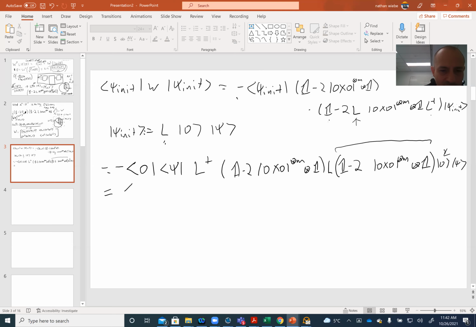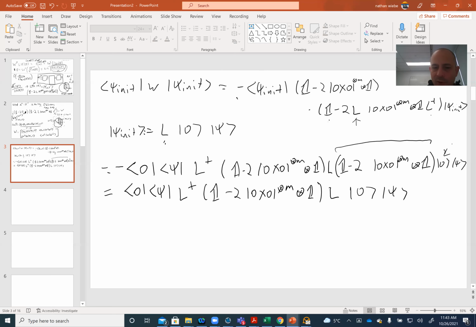And so this will give us 0 psi, L dagger, identity minus twice the projection onto 0 tensor identity, L, 0 psi, where the minus sign from the reflection operator has killed this minus sign out in front. All right, great. So now we're at a much simpler place.